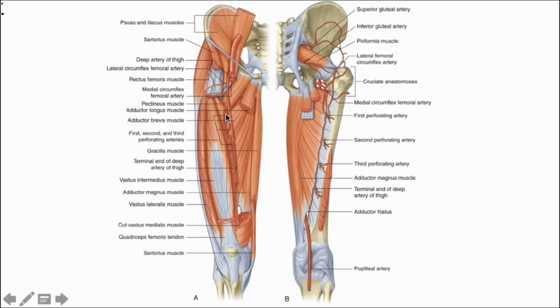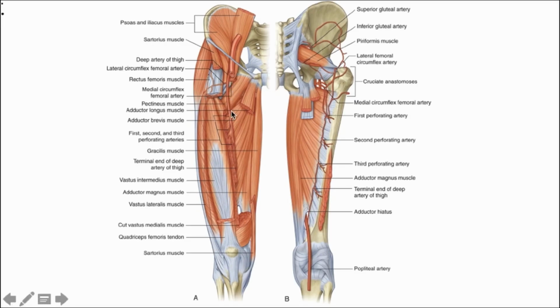Here we go. So we can see the deep artery of the thigh coming off of the femoral artery, and pretty quickly you see the lateral circumflex artery and the medial circumflex artery. Circumflex means, if you think of circumnavigation of the world, it's completely surrounding, right? It's a circle.